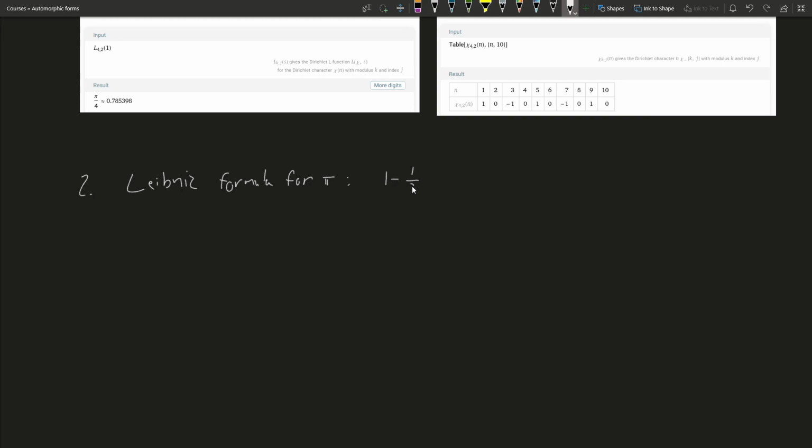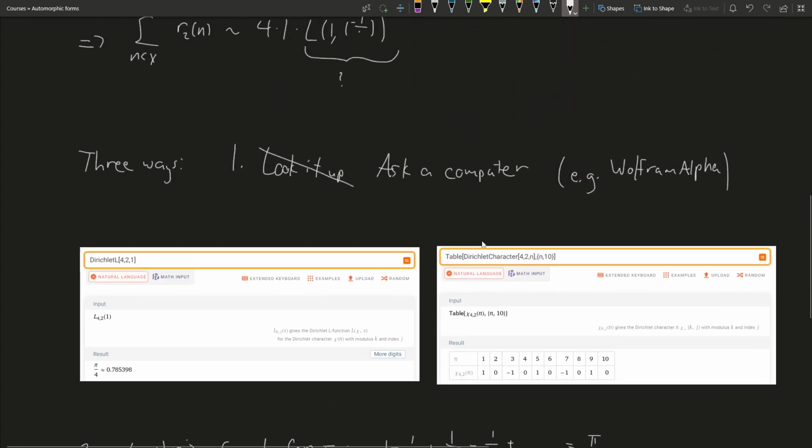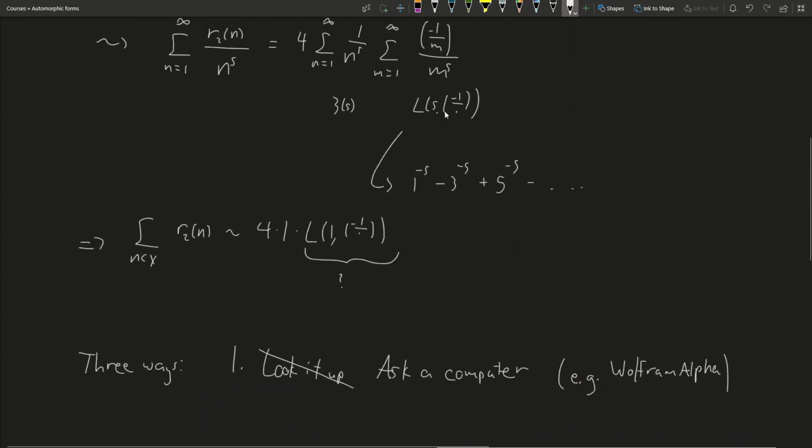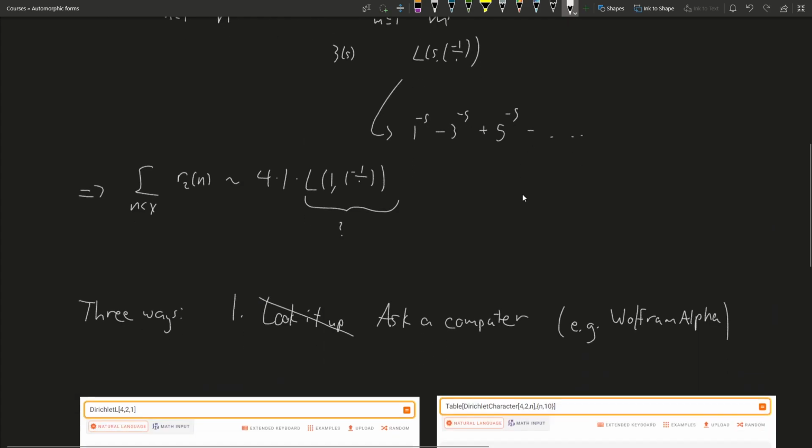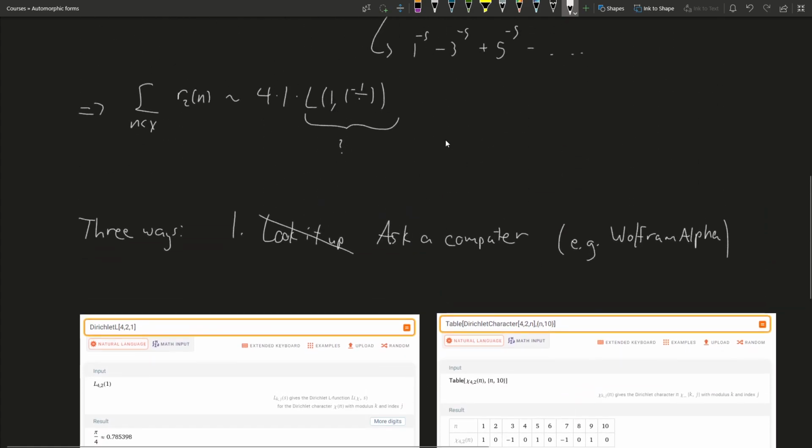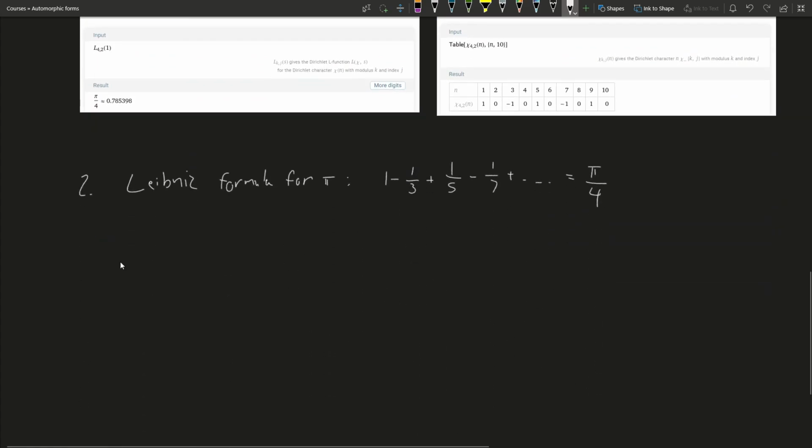And this formula, which is, I think, quite well known, is that this alternating sum of the reciprocals of the positive odd integers is pi over 4. And you can see that this is exactly this Dirichlet L function when s is 1.